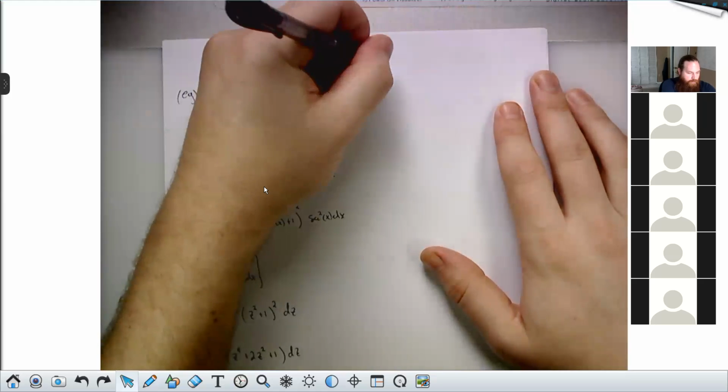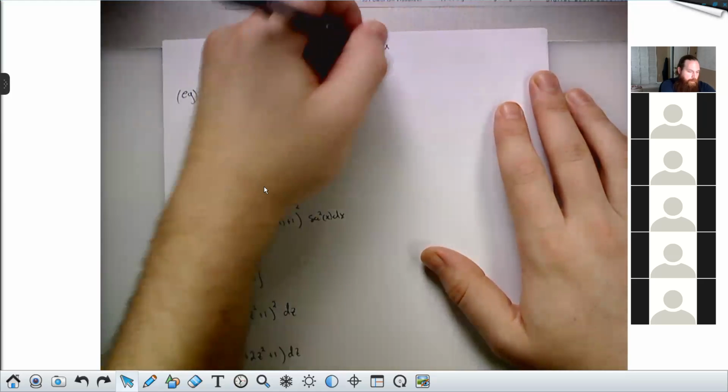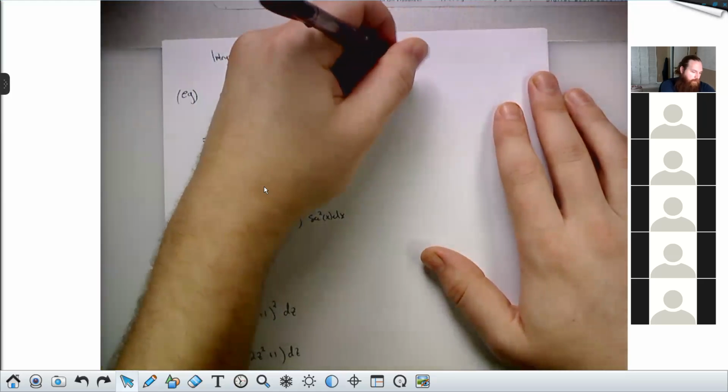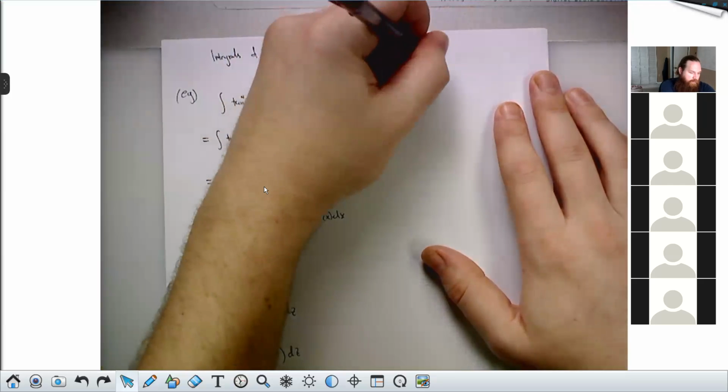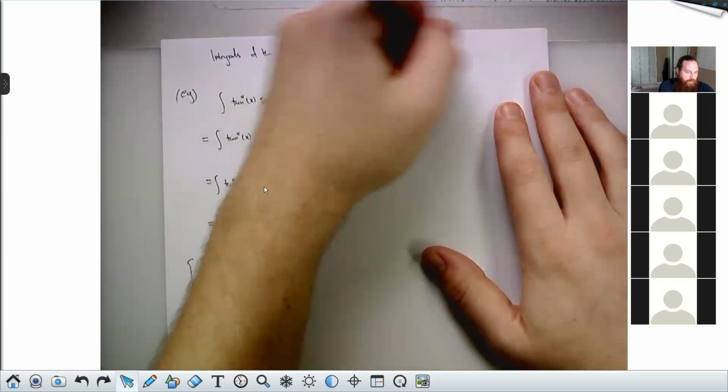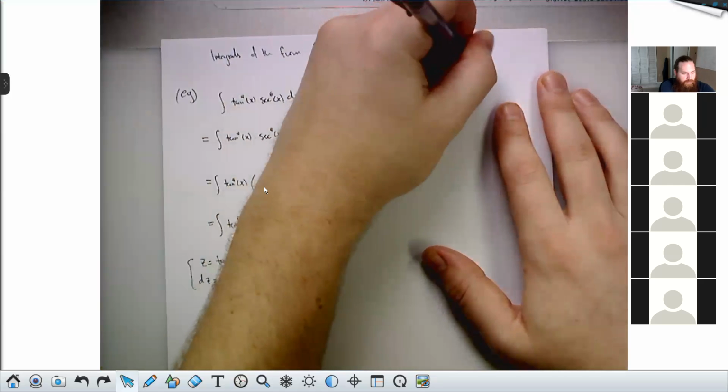So the case that we're dealing with here is if the power of secant is even.